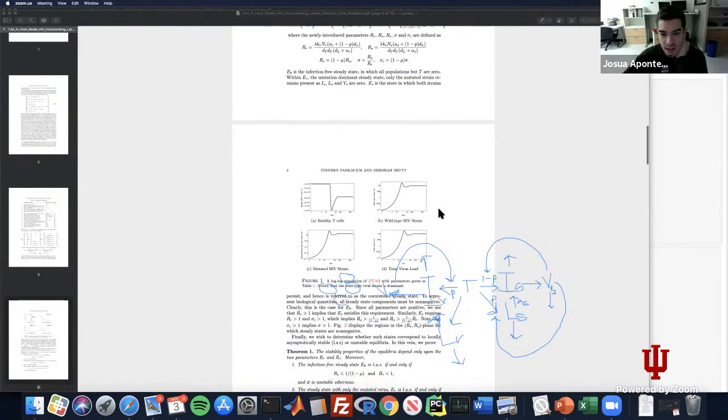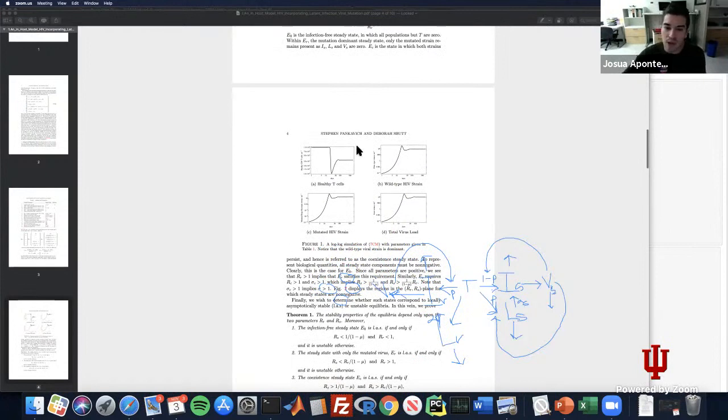And then they simulated the model with those parameter values. So this is something that you guys can definitely work on as homework before we replicate the full results of the paper.